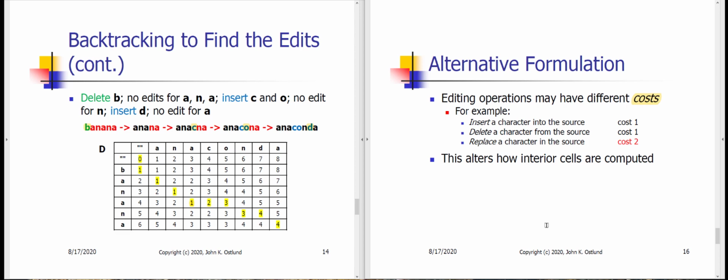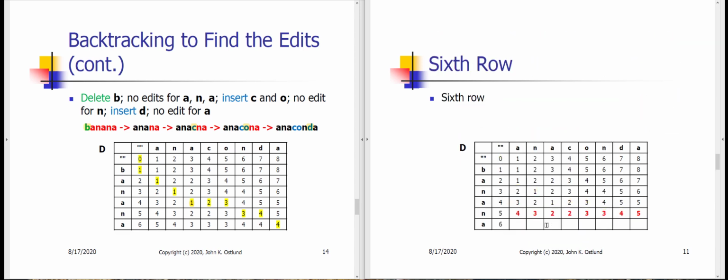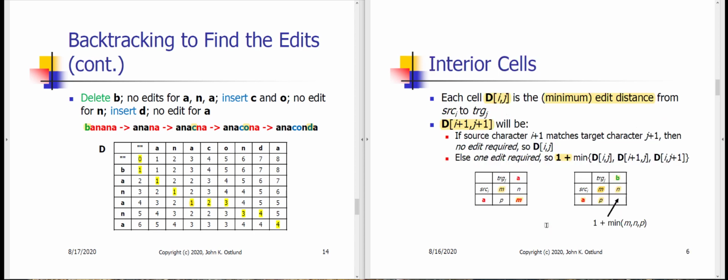That is, all 3 of these operations had an equal cost, and so our formula was quite simple. Once we had the first column filled in and the first row filled in, which are easy to do, we could then fill in the successive diagonally downward columns and rows using our little minimization formula here from slide 6.